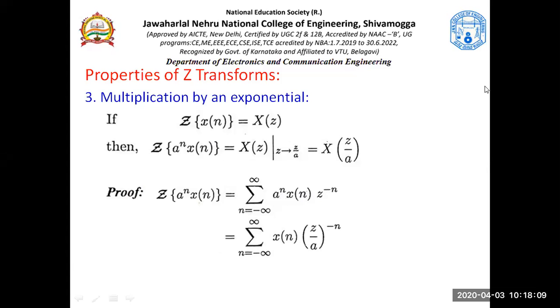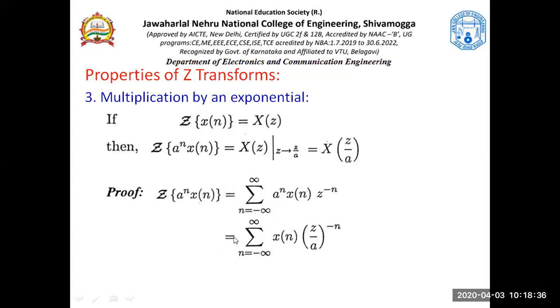Z by a to the power minus n. So these two along with these two combined would give z by a to the power minus n. Now just observe this equation very carefully. Instead of z by a, if you had just z here, everybody listen to me carefully again.